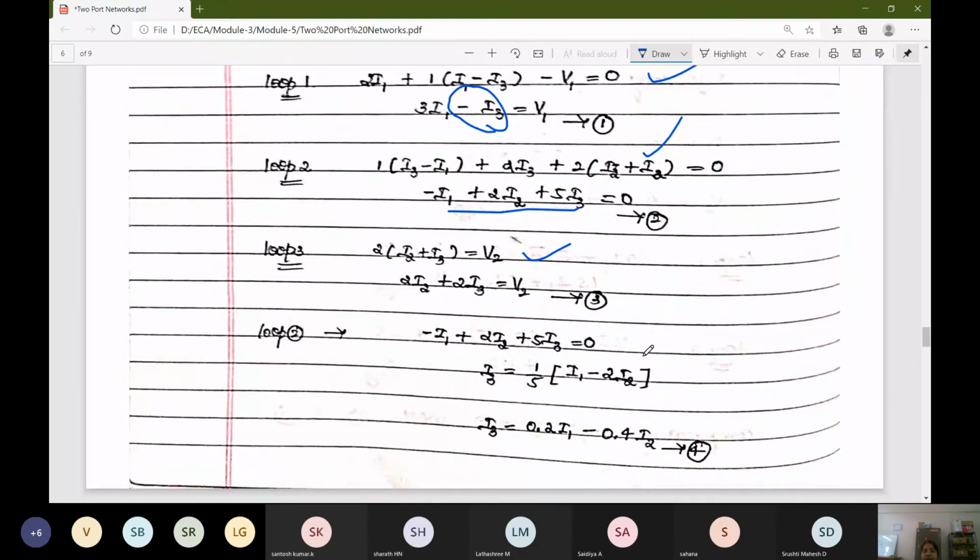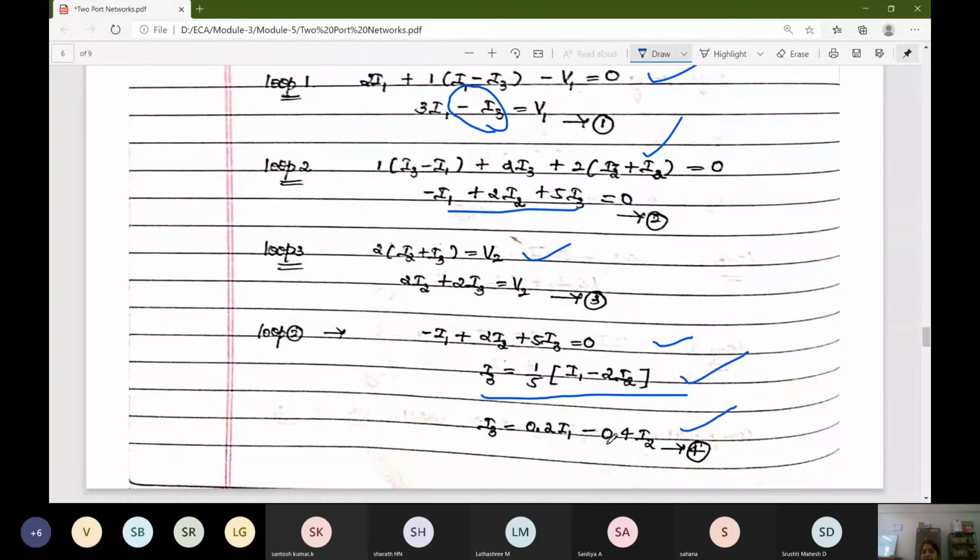Consider this loop 2 equation: minus I1 plus 2I2 plus 5I3 is equal to 0. Write the equation for I3. So I3 is equal to, this 5 will come to the RHS, it will be 1 by 5 into (I1 minus 2I2). Minus became plus and plus has become minus. So this is the equation we get for I3.